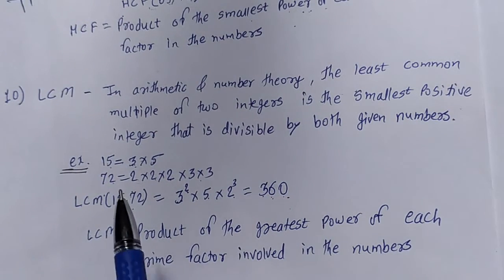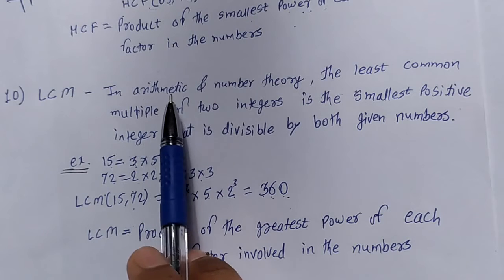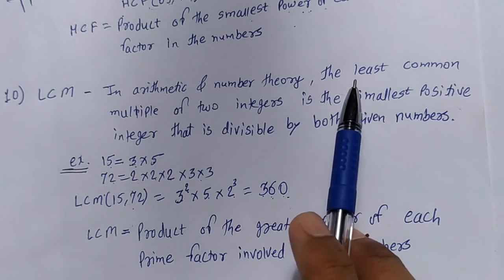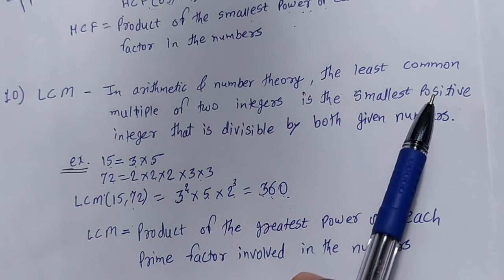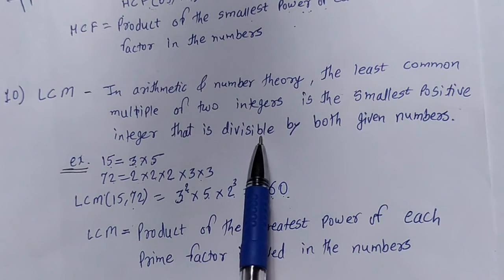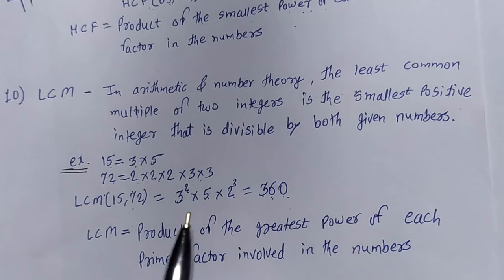In arithmetic and number theory, the least common multiple of two integers is the smallest positive integer that is divisible by both the given numbers. Suppose you have been asked to find the LCM of two given numbers, then those given numbers perfectly divide the LCM that we will be calculating.